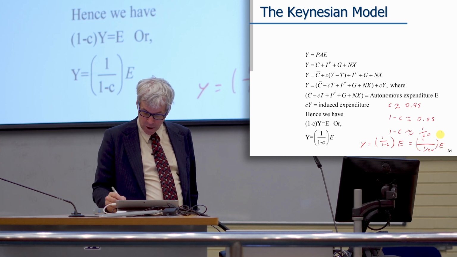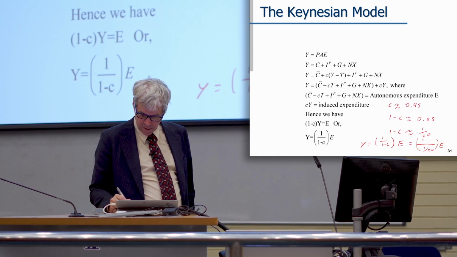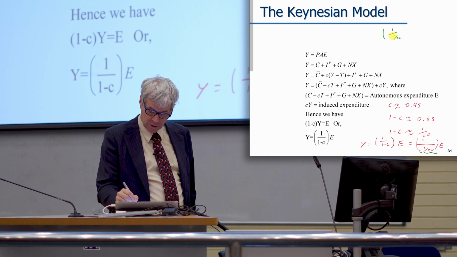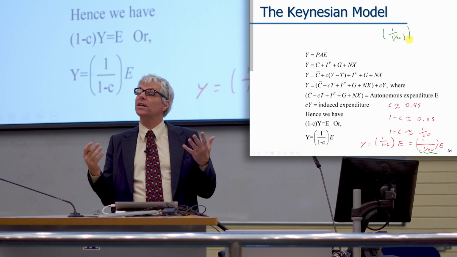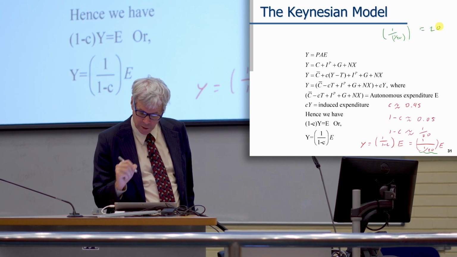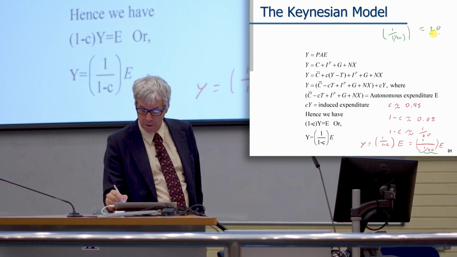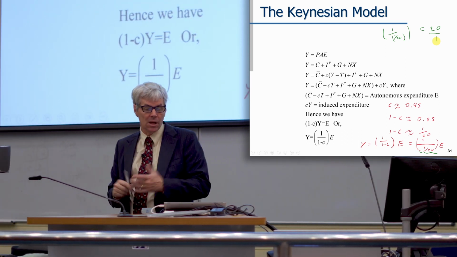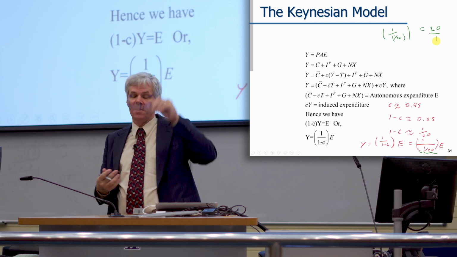And so this multiplier part is 1 over 1 over 20. But of course, if you divide something by a fraction, you just flip it over. And so that is 20, or 20 over 1, for those of you keeping track at home. So it's more or less 20 in this particular model.